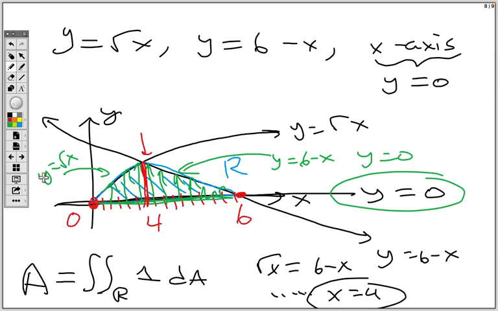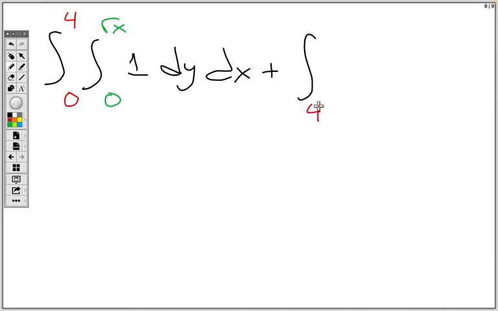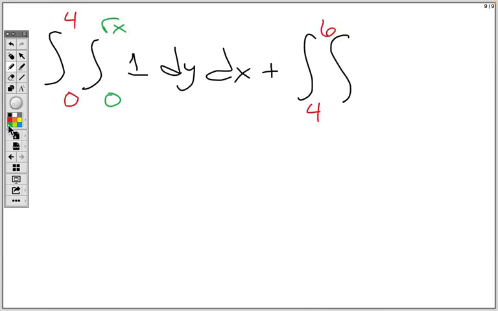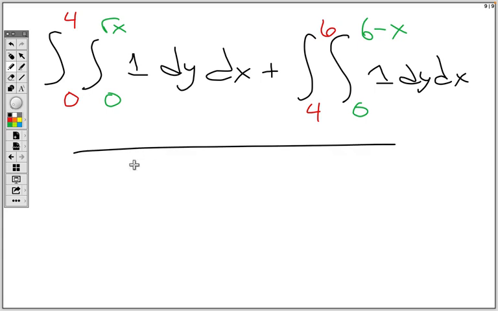X picks up, 4 goes to 6. And then 0 up to 6 minus x. That would be 1 dy dx. So you would need to add those integrals to get your area.